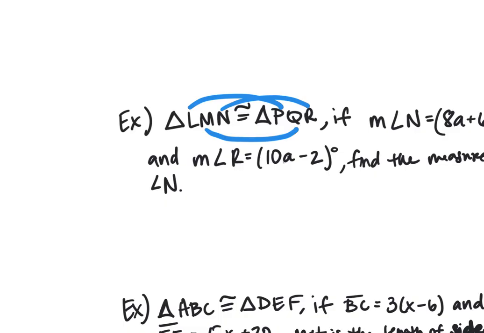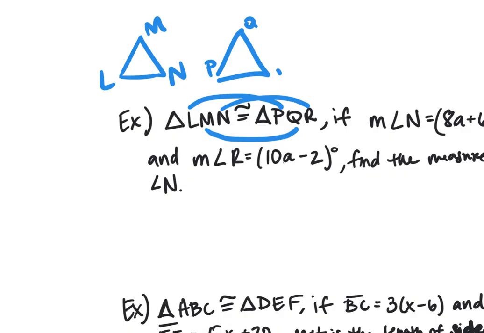But if you would prefer to draw yourself a picture, LMN, and then have yourself another triangle that says PQR, by all means do it. L and P, M and Q, and then N and R, right? My picture's not amazing, but it shows what it says. So if you need a picture, draw it.